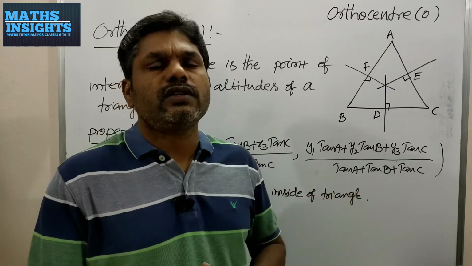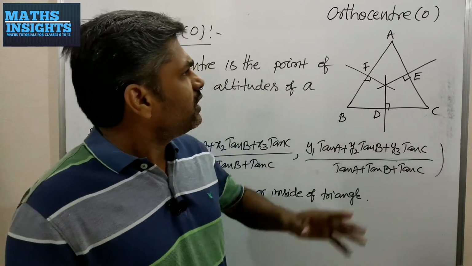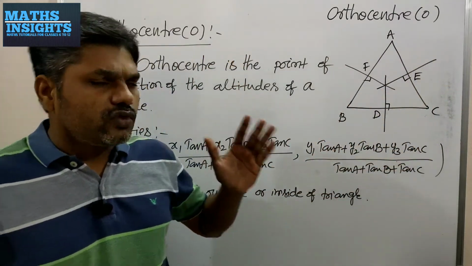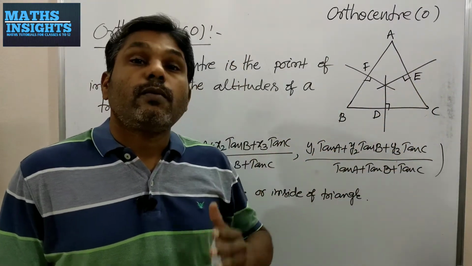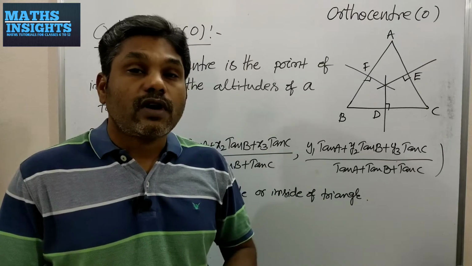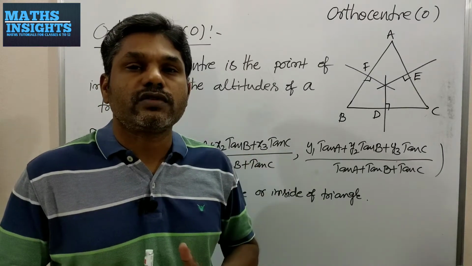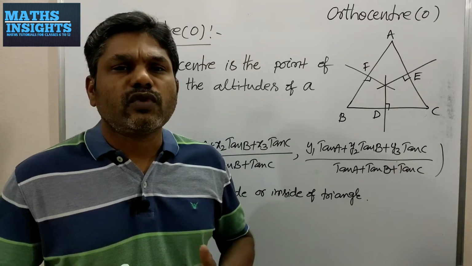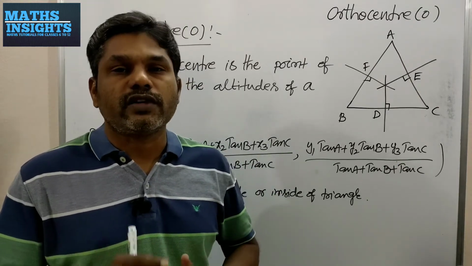Coming to the next center of a triangle, that is the orthocenter O. The point of intersection of all three altitudes of a triangle is called the orthocenter. It's very simple. The question arises, what is meant by altitude?